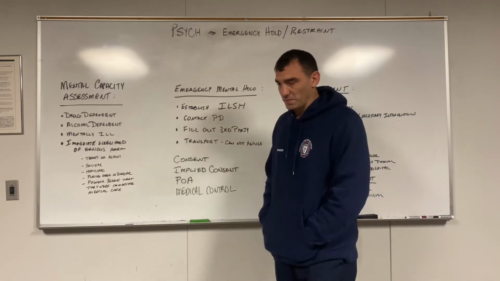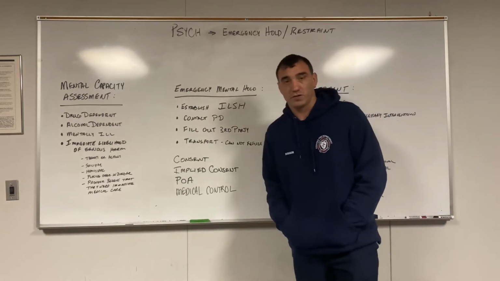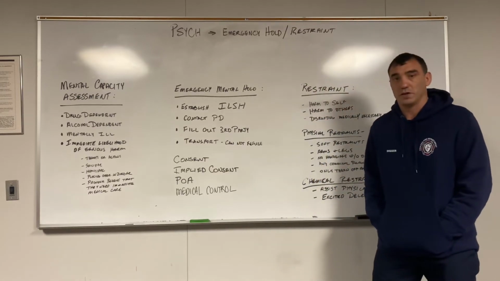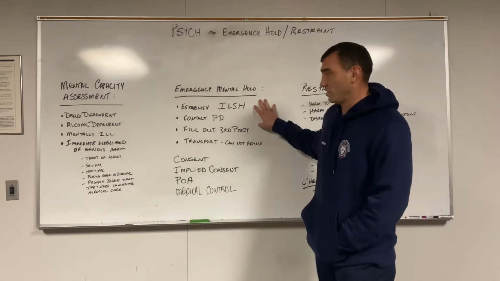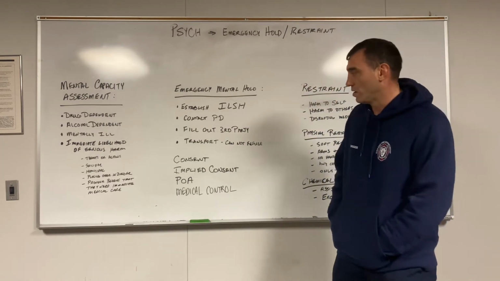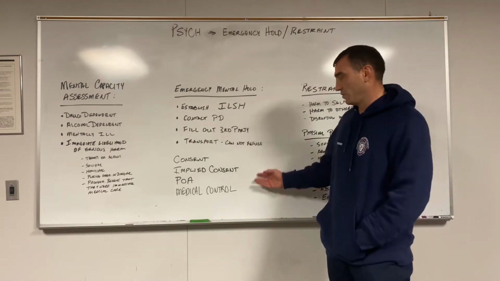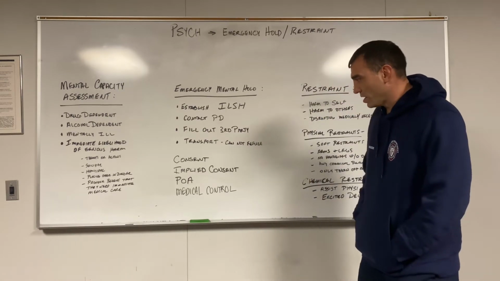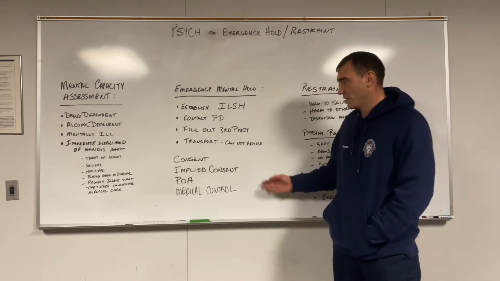If a person attempted to commit suicide, as an example, and you arrive and that person needs to be transported immediately or they're not going to make it, then you can transport that person based on implied consent, and you don't need to use this procedure, because we can assume that if they were mentally stable, they would want us to save their life. We can also use implied consent with minors. If you have a minor that's suicidal and their parents aren't available for some reason, you can use that as well.